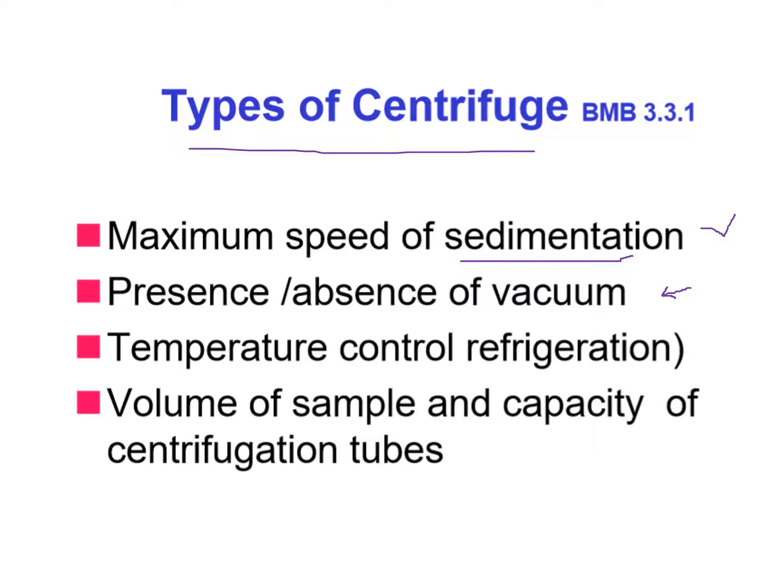If you didn't, you would heat up the centrifuge and it would probably blow up. We also have temperature-controlled refrigeration of our centrifuge to keep the temperature cool to maintain the structural integrity of the material. And we have to pay attention to the volume and capacity of the special tubes.